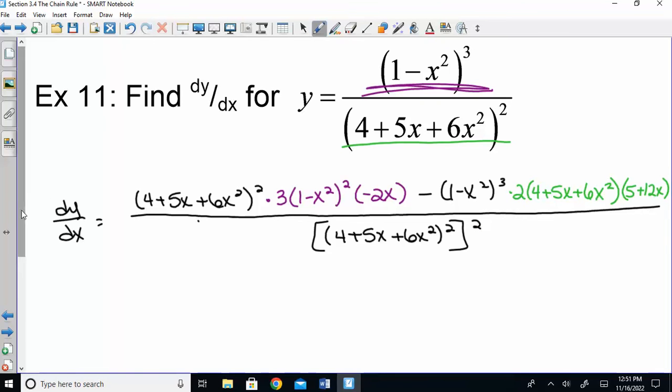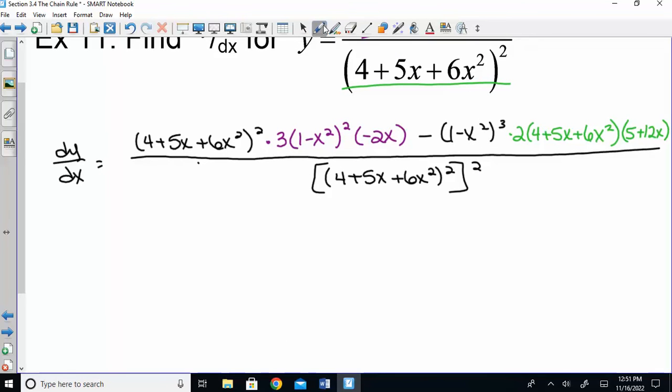Okay, this one's pretty ugly. What are the obvious simplifications? What would I want you to do at least? We could, at the very least, multiply my 3 and my -2x and bring that out to the front of that term. In this one, you could distribute your 2 through the 5 plus 12x.